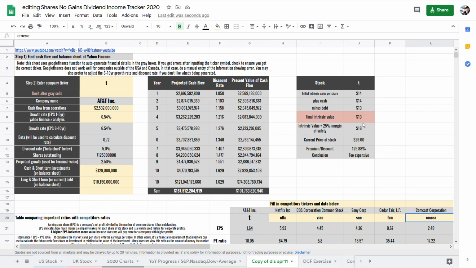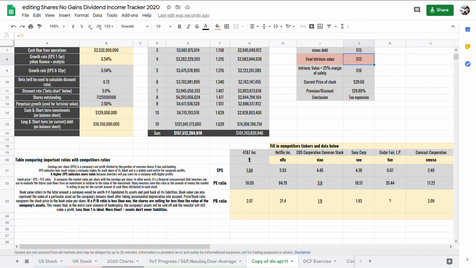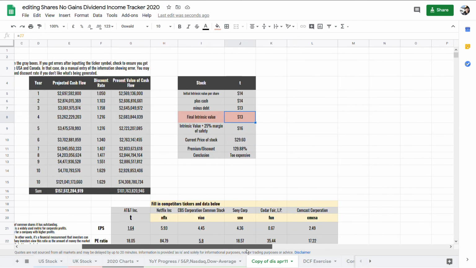Because my outstanding shares is not entirely accurate, that's why this intrinsic value is incorrect. When I can figure out how to get the outstanding shares, then this will be correct. For the moment, I don't think the intrinsic value of AT&T is $13, so this is not correct. And the rest of it I'm still working on.